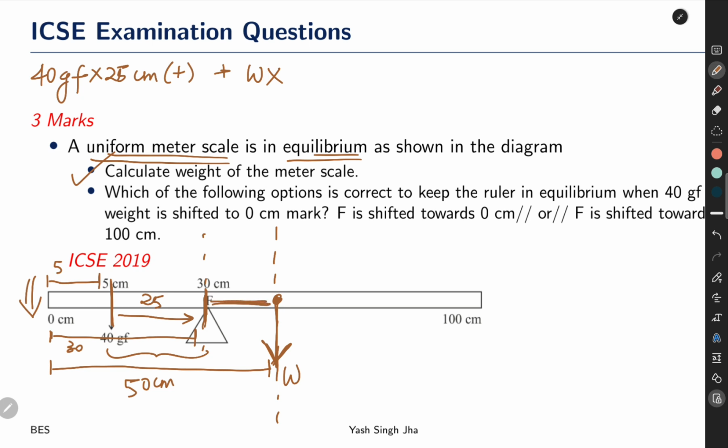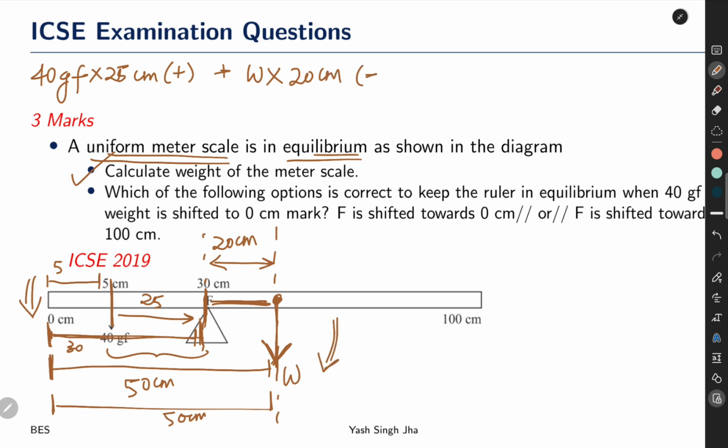From here to here is 50 centimeters, and from here to the pivot is 30 centimeters. So the distance remaining is 20 centimeters. So W times 20 centimeters. But it's producing a clockwise turning effect, so it is negative, equal to 0, since the bar is in equilibrium. Go on to solve it and you will find that W, the weight of the meter scale, turns out to be 50 GF.